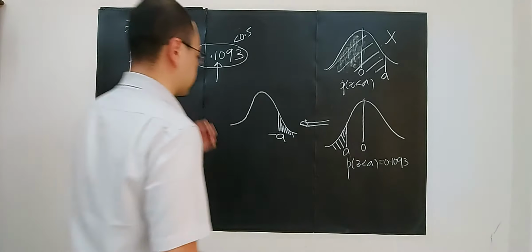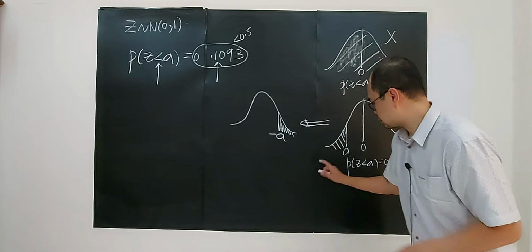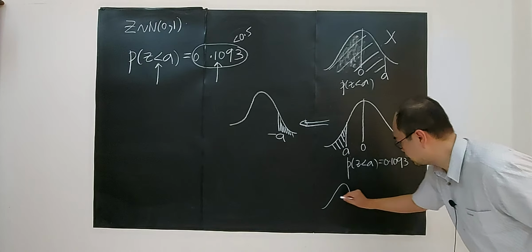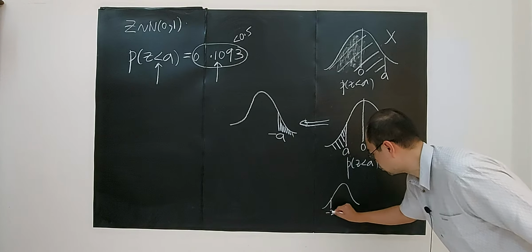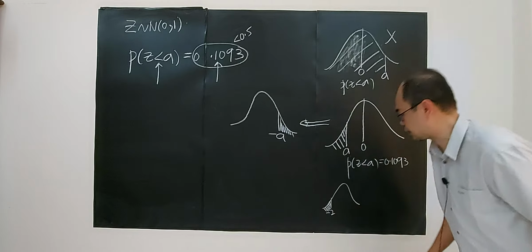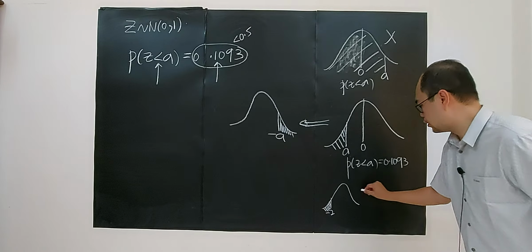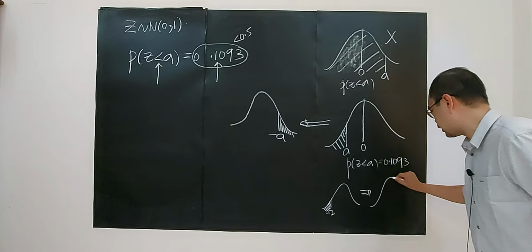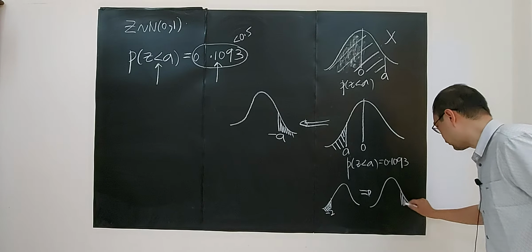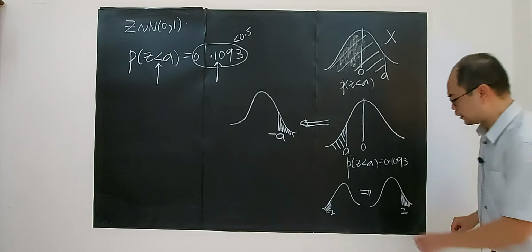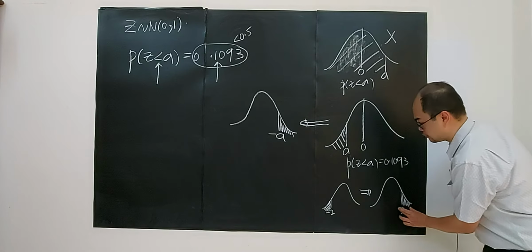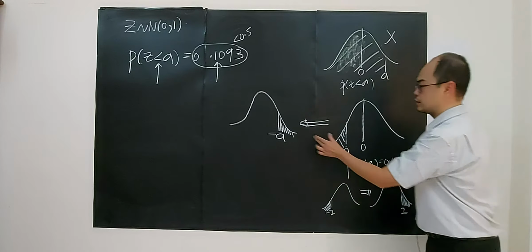The reason is very simple. Let's look here. Let's say here is negative 2, for example. If you convert this into greater than 2, this area and this area are the same, right? And this area and this one also the same.